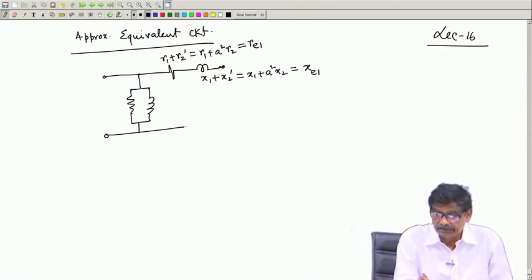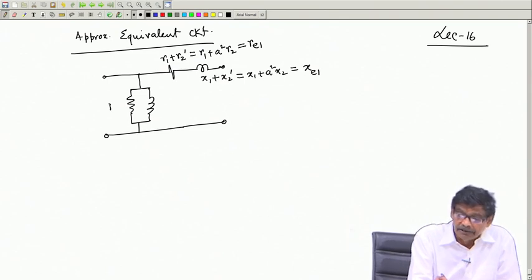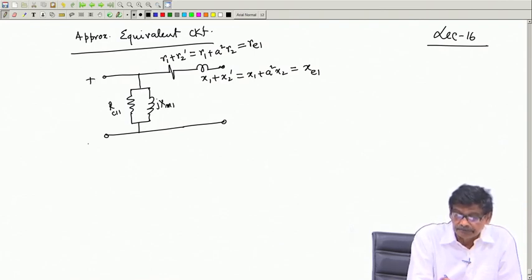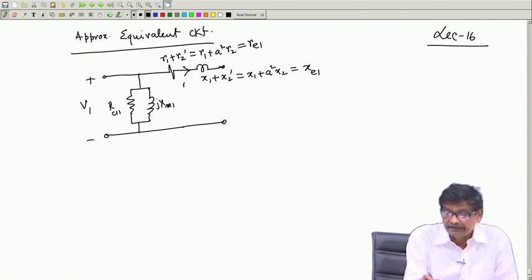These two are the secondary terminals where an impedance will be connected. If it is connected, it is a square Z 2, and this will be R CL 1 and this is j X M 1, and this is your V 1. And mind you, this current is I 2 dash and this is the no load current, and the no load current comprises two parts, core loss component I CL 1 and I M 1.